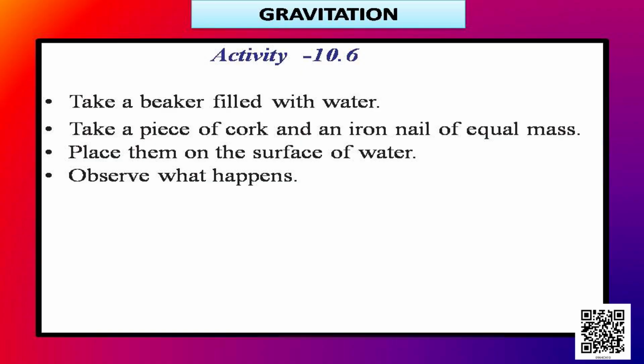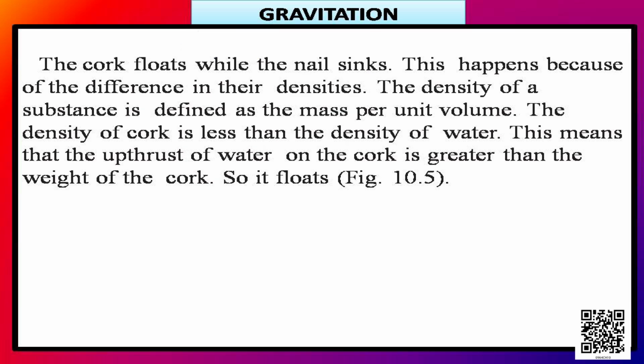Students, the other activity says, take a beaker filled with water, take a piece of cork and an iron nail of equal mass, and place them on the surface of water. Observe what happens. The cork floats while the nail sinks. This happens because of the difference in their densities.